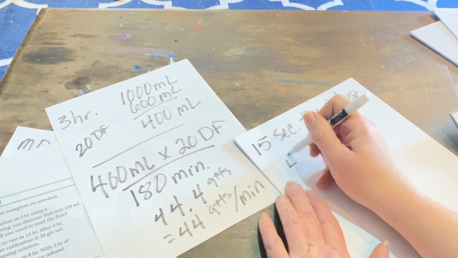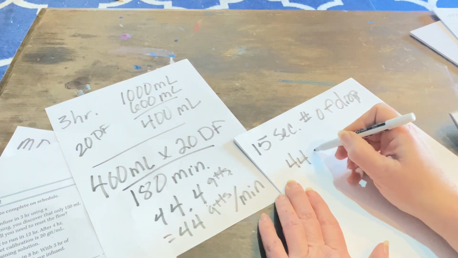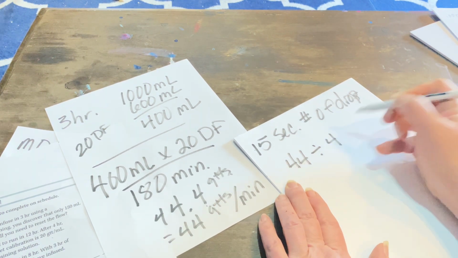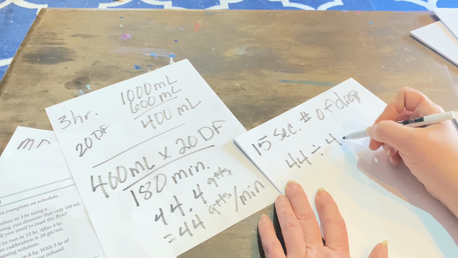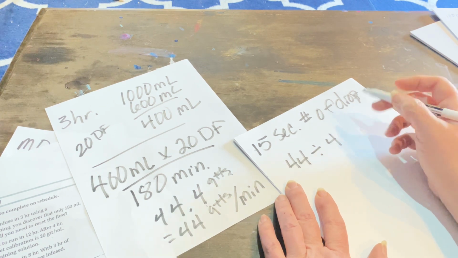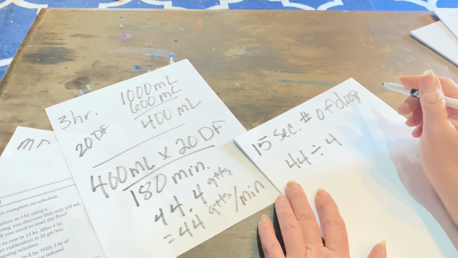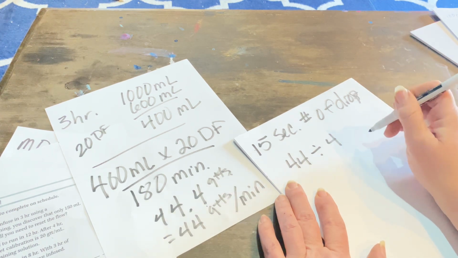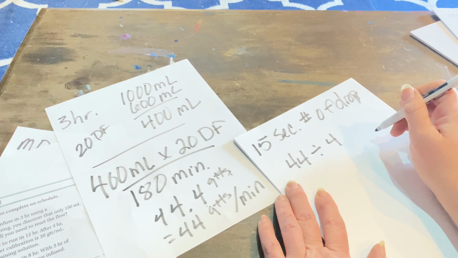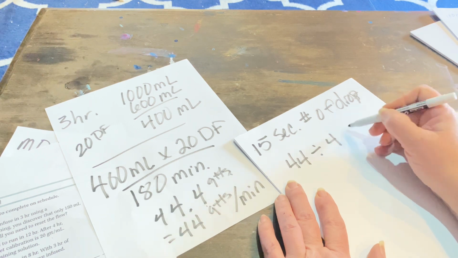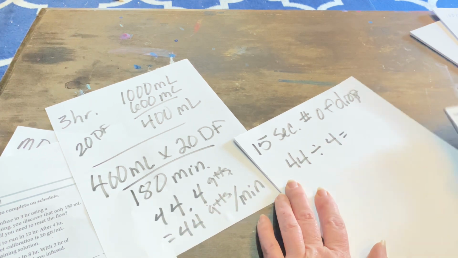So if we have 44, we're going to divide that by 4 because there's 4 sets of 15 seconds that make up 1 minute, 60 seconds. Thank you for bearing with me.